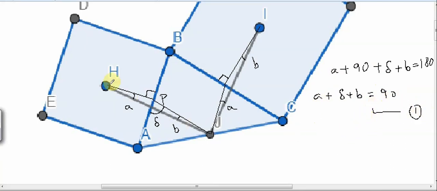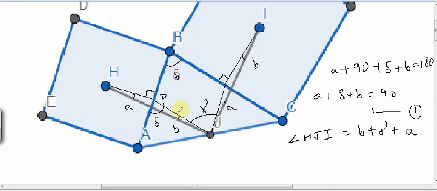Now notice that angle HJI is equal to B plus this angle plus A. Angle HJI is equal to B, let this angle be called gamma, gamma plus A. B plus gamma plus A. Now this angle delta is equal to this angle.